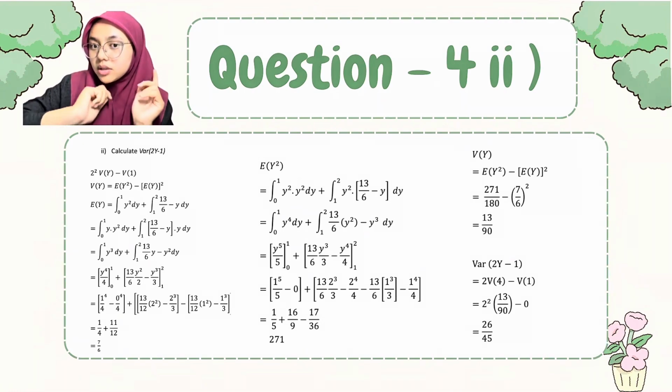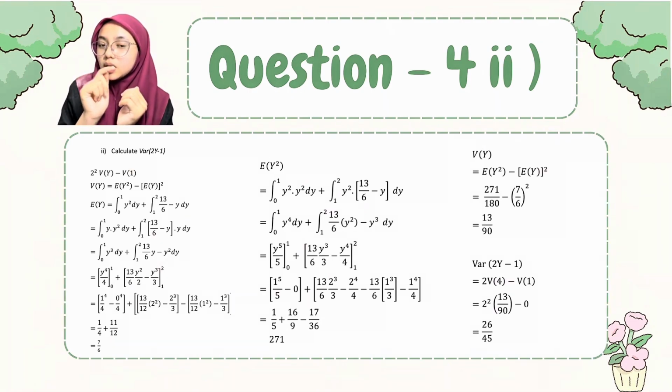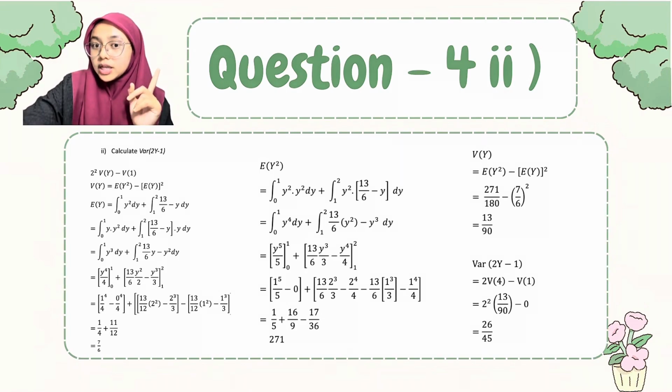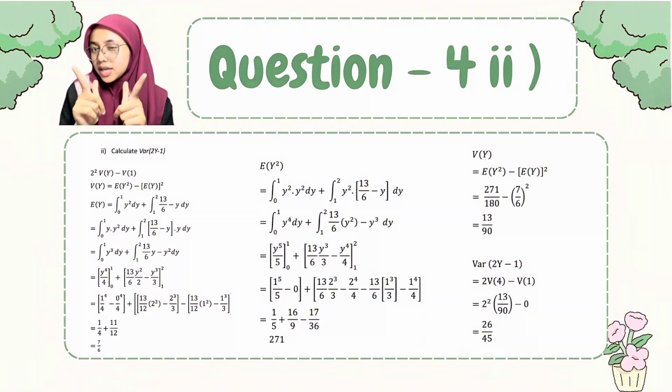Now we have to integrate, and you will get [y⁴/4] from 0 to 1 plus [13/6 y²/2 minus y³/3] from 1 to 2. And you have to put the numbers into the y, and you will get the final answer, which is 7 over 6.